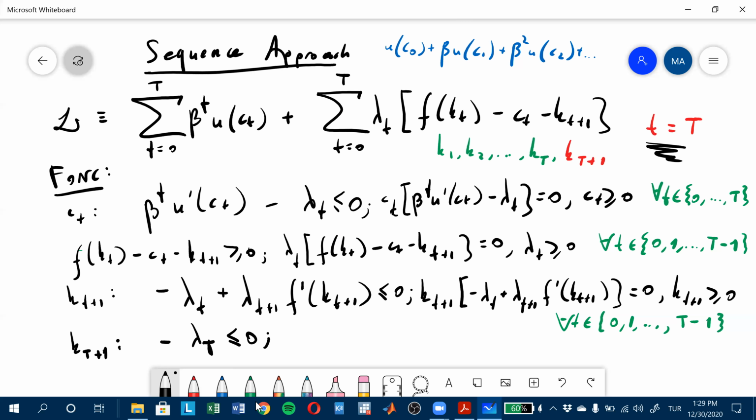So this must be less than or equal to 0, because when t is equal to T, the last constraint, I have lambda t here, and that's the derivative with respect to kt plus 1. Then I must have lambda t times this equal to 0, and I must have kt plus 1 greater than or equal to 0. Now this is for t equals T.